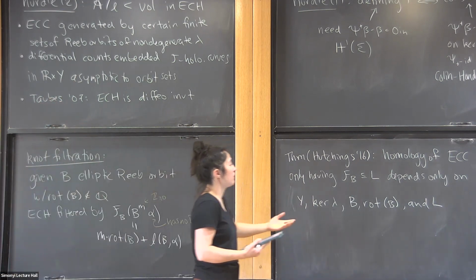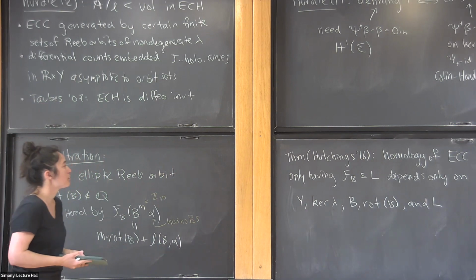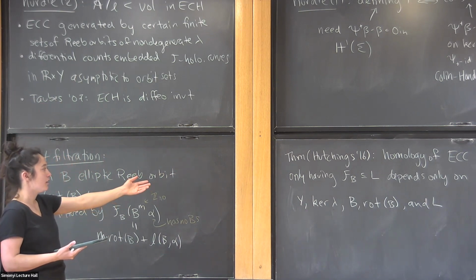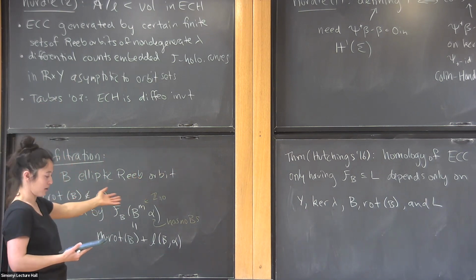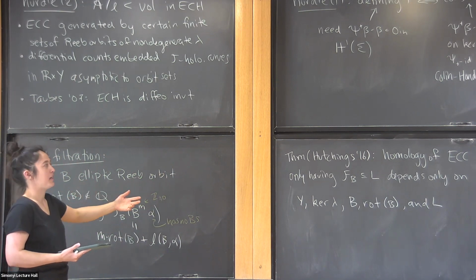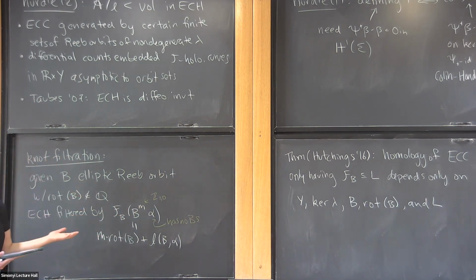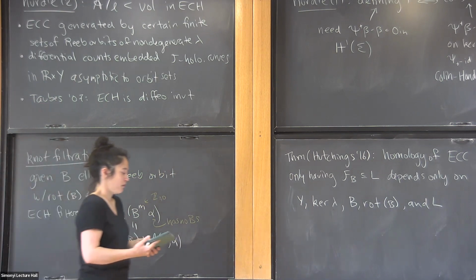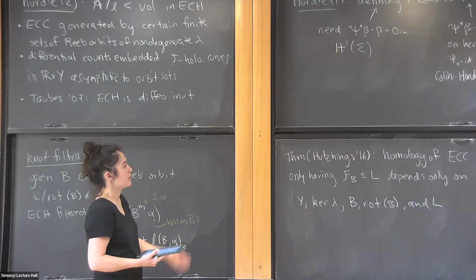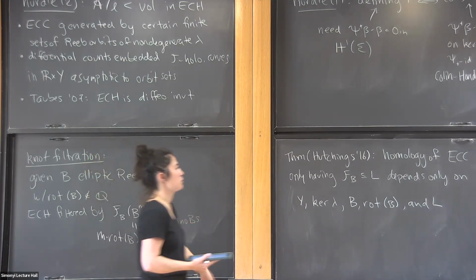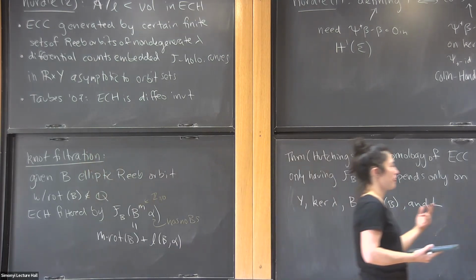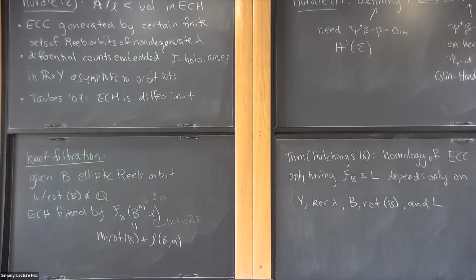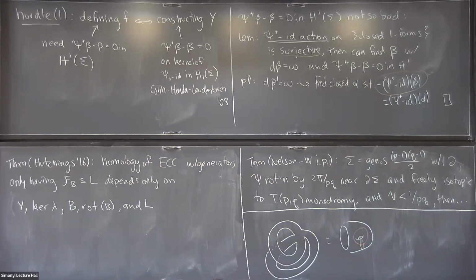So this is all very nice, but to compute such a thing, you actually need a contact form and you need a chain complex. And it needs to be a non-degenerate contact form, and non-degenerate contact forms are hard to get your hands on. So what you have to do is figure out enough properties of a non-degenerate contact form to actually compute the ECH.